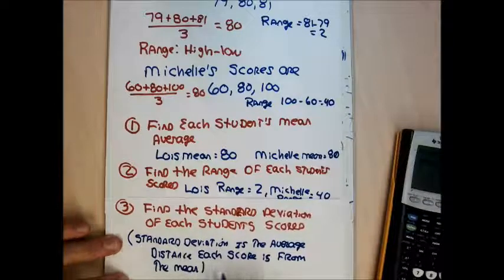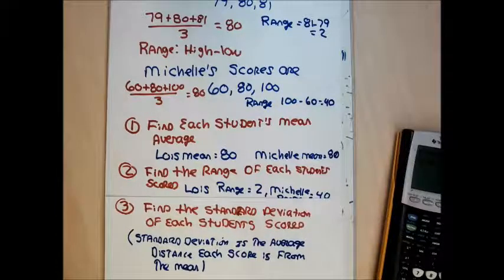It turns out that this is probably a little too simplistic of a definition. It's more that the standard deviation is the average squared distance each score is from its mean, and even that's a little simplistic. But I think standard deviation is, in some sense, an average of how far each score is from the mean.